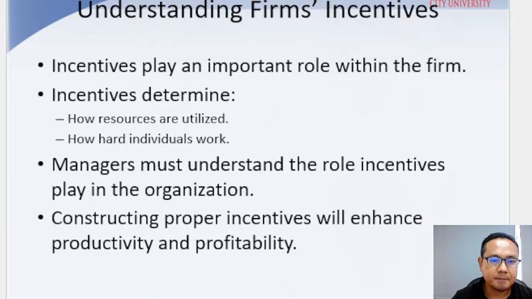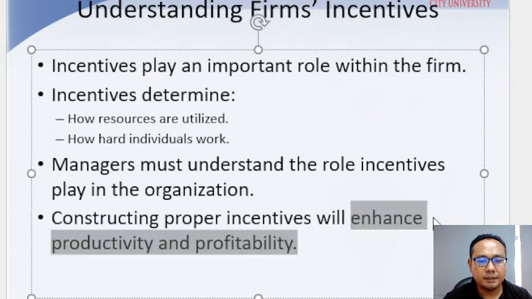Incentives determine how resources are utilized and how hard individuals work. Managers must understand the role incentives play in the organization, and construct proper incentives, because proper incentives can enhance profitability and of course productivity.